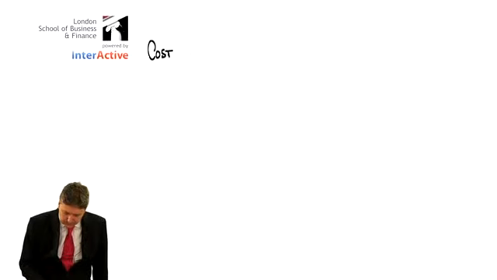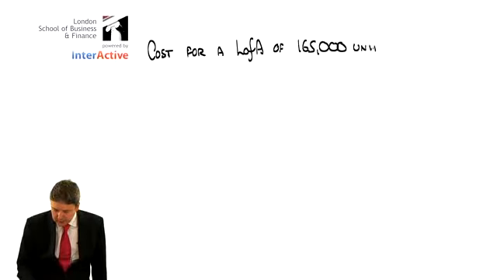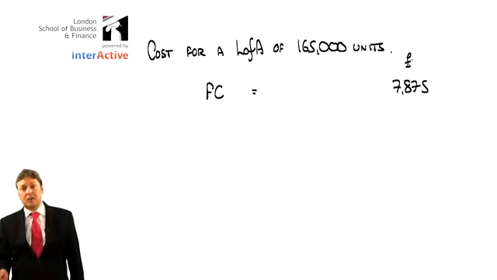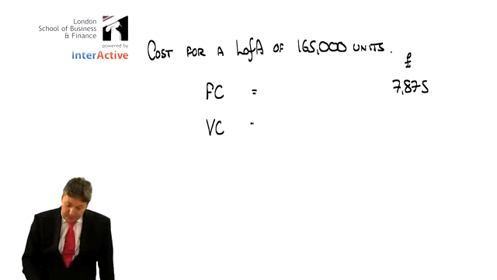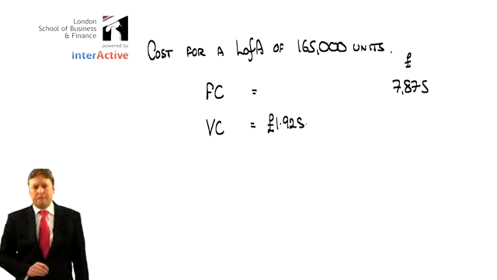If we want the cost for a level of activity of 165,000 units, all we're going to say is this. The fixed cost is not going to change, 7,875. Remember, the whole point about fixed cost is that it is fixed. It does not change. Whereas the variable cost is going to be, well, we said it was £1.925 per unit.